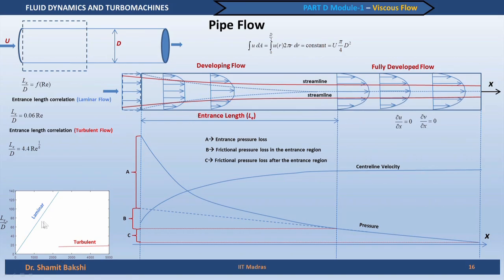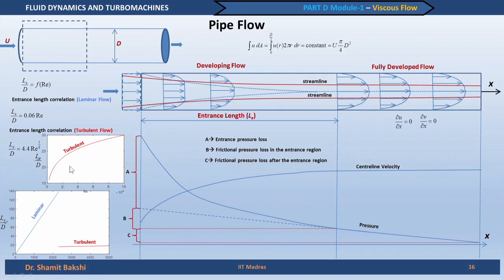We can see it in a little more detail using a different axis. For a turbulent flow, which starts from around a Reynolds number of 4000, the entrance length is about 15 to 30 times the diameter of the pipe, much less than that of a laminar flow.